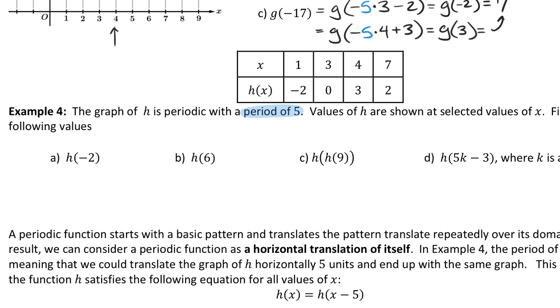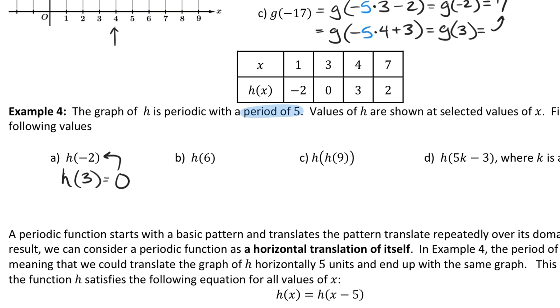If you add the number 5 to negative 2, what do you get? 3. So h of negative 2 and h of 3 should be the same output value because they're 5 units apart from each other. And what is h of 3? 0. So h of negative 2 is also 0 because those are 5 units apart from each other.